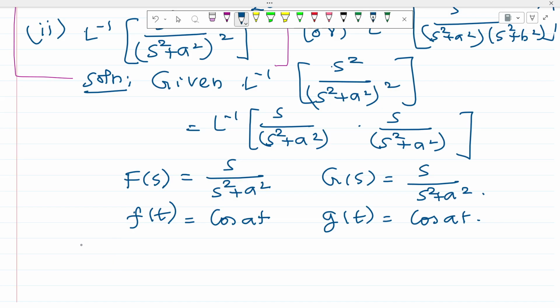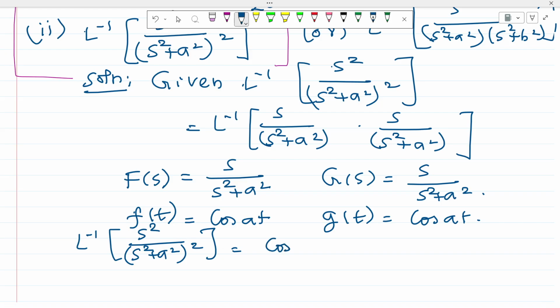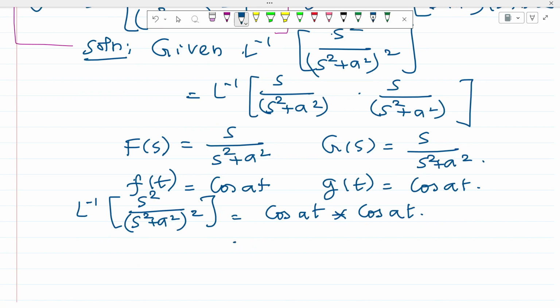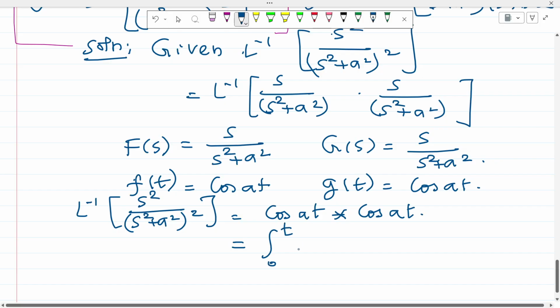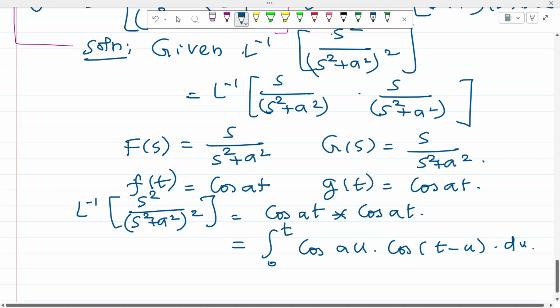Therefore L inverse of s square divided by s square plus a square whole square equals cos at star once again cos at. Convert into integral. Integral over 0 to t cos au into cos a of t minus u du, because f of u g of t minus u du is the formula.